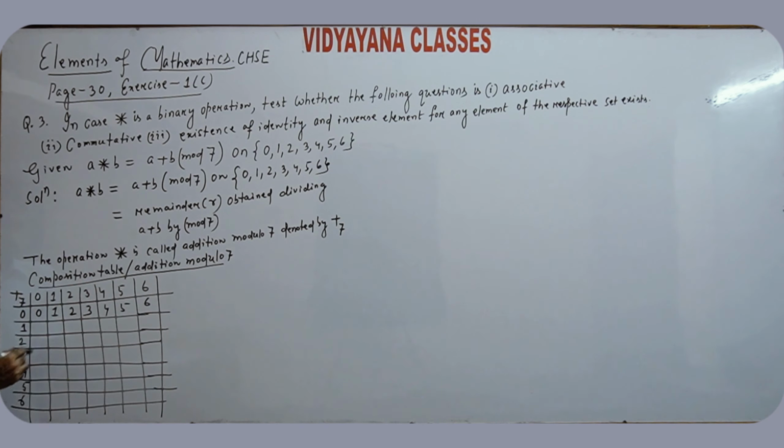1 plus 0 is 1; 7 divides 1 gives the remainder 1. 1 plus 1 is 2; remainder 2. Similarly 3, 4, 5, 6. 1 plus 6 is 7; 7 divides 7 gives the remainder 0. 2 plus 0 is 2; remainder 2.